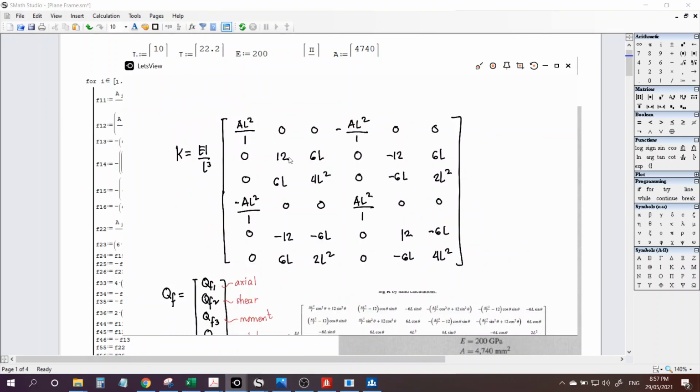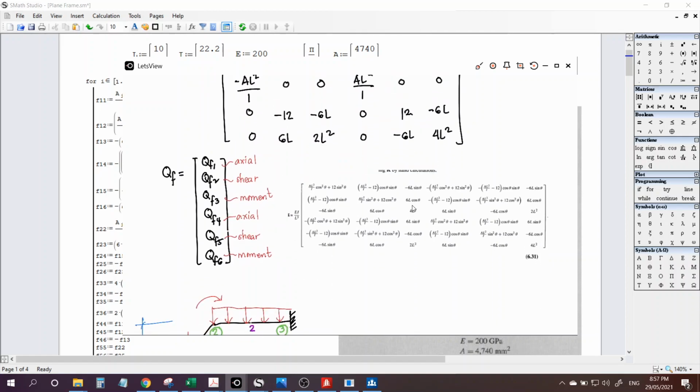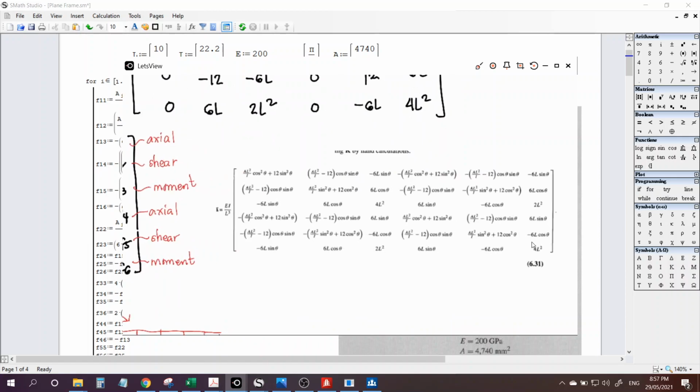So this again is the local stiffness matrix, and if you operate K global equal to T transpose K T, you will get this.